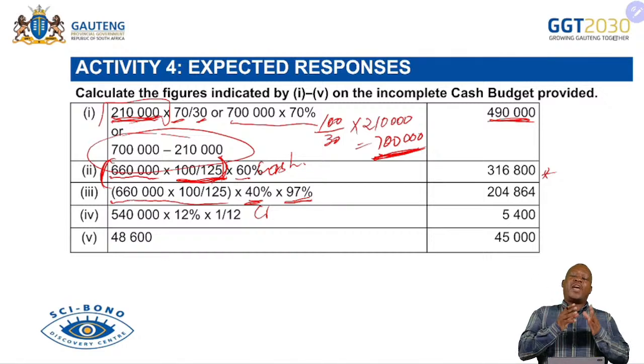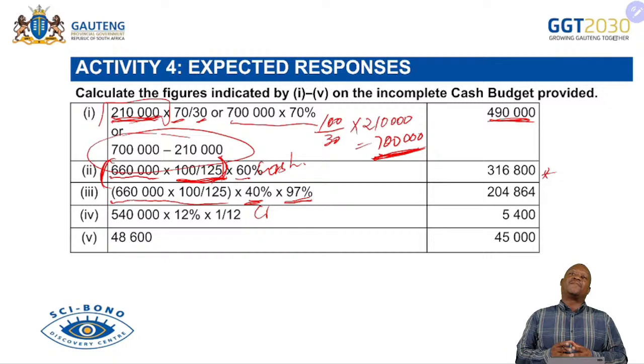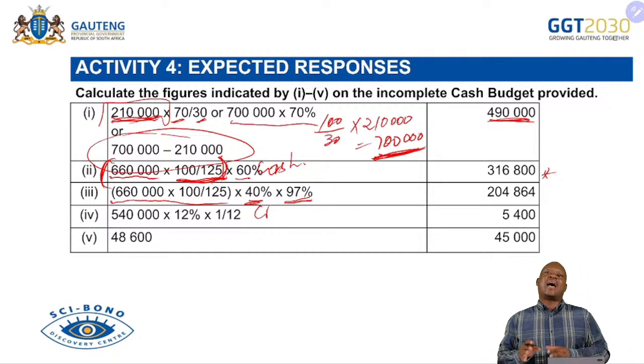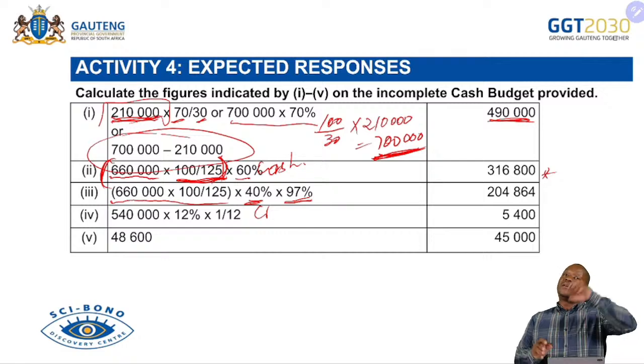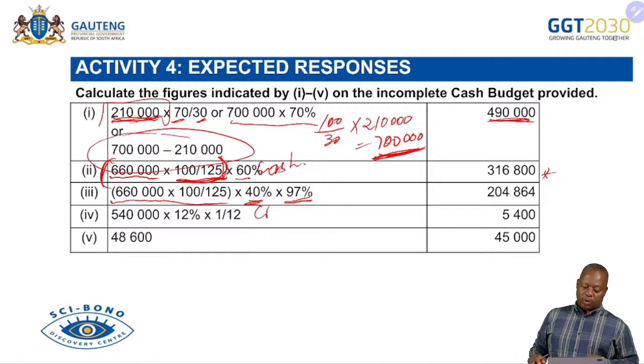Now, when you have that, you can find the credit purchases as well as the cash purchases. And if they're asking for a payment to credit purchases, remember, payments are not made for the credit purchases for this month, but for the previous months. So you work backwards and then you take it from there, and then you can build your answer the correct way.